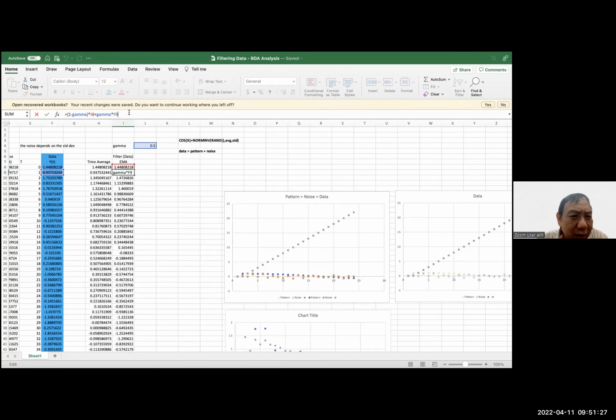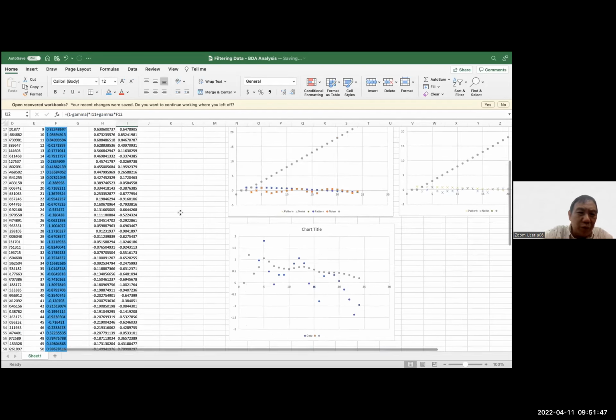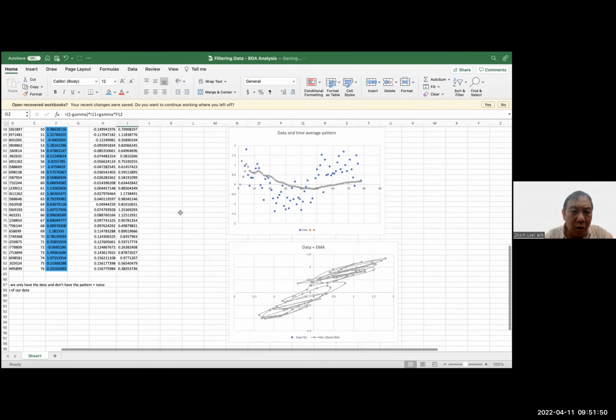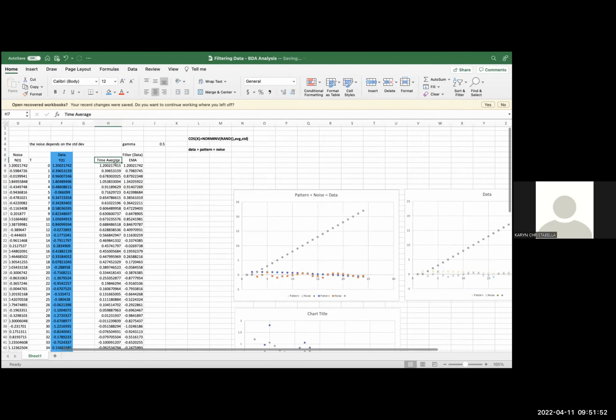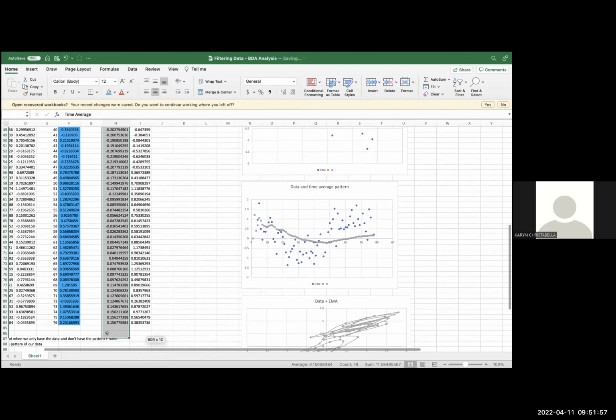The formula is I8 plus F9. That's correct. And then you copy down that one. Yes, I copied down, sir. Okay. And then you can move the time average into another column. The whole thing, you can move that to another column.